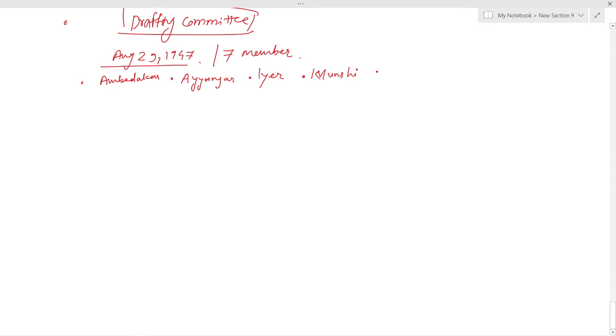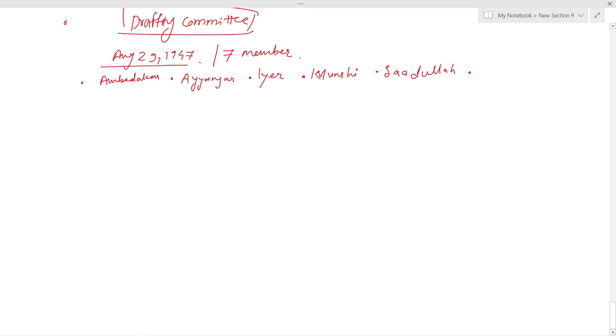Fifth was Saeed Ahmad Saadullah. Sixth was N. Madhav Rao, who replaced B.L. Mitter, who resigned due to ill health, and T.T. Krishnamachari, who replaced D.P. Khaitan, who died in 1948.